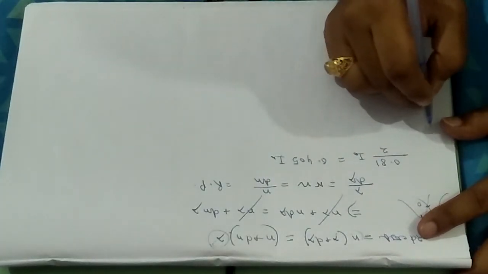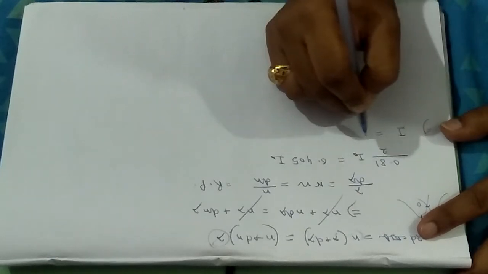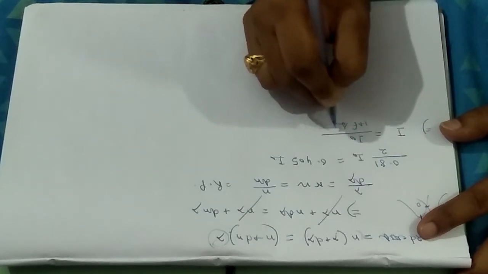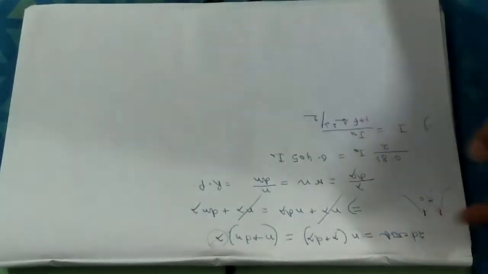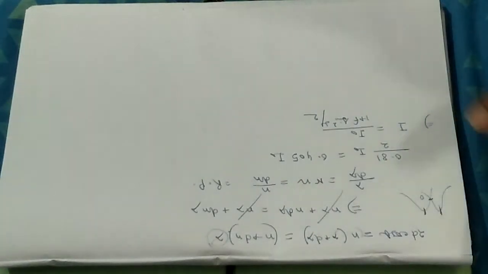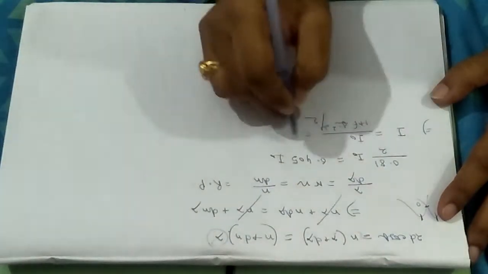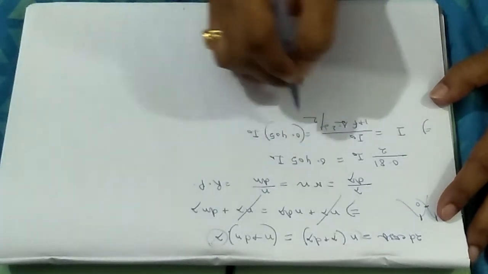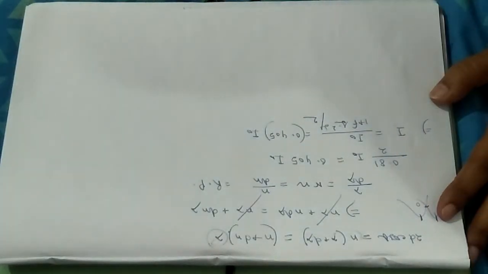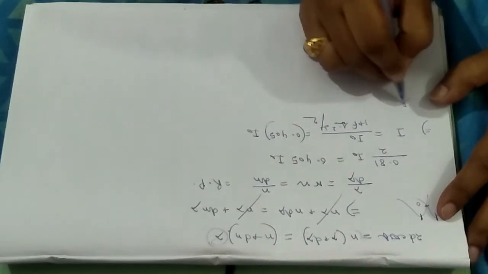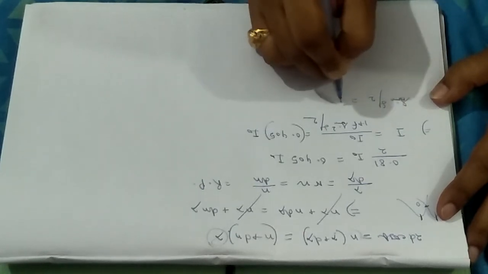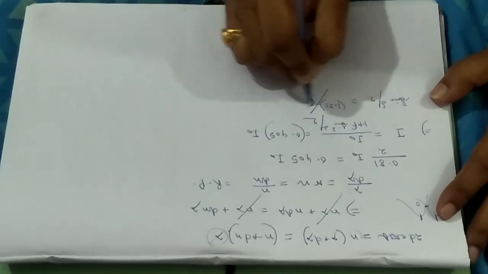You can put the value in the result that the intensity expression was I equals I0 divided by 1 plus f sine square delta by 2. Instead of this I am now writing 0.405 I0. Then I0 will cancel on both sides, and finally you will get sine delta by 2 equals 1.21 divided by root over f.